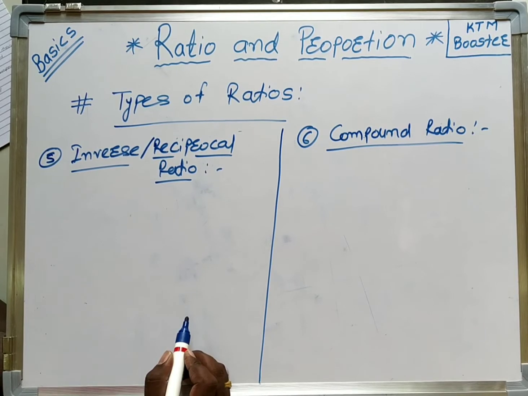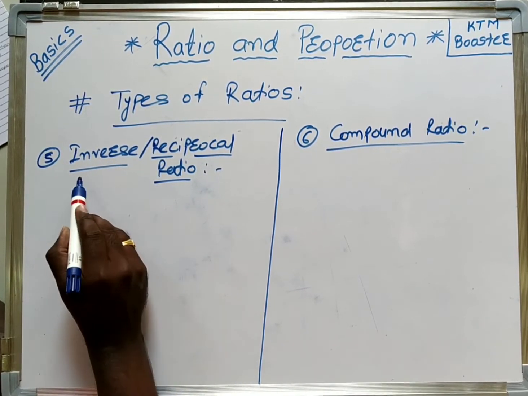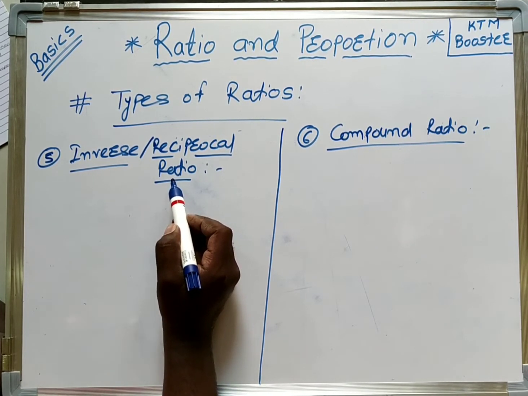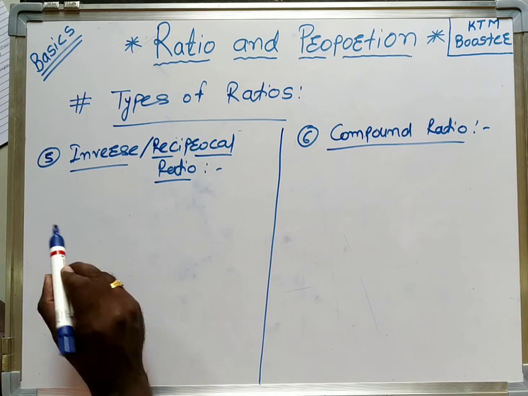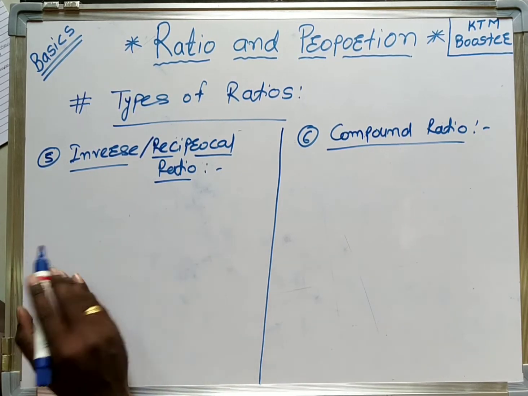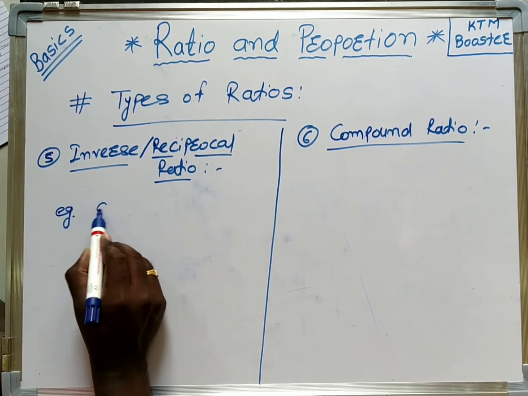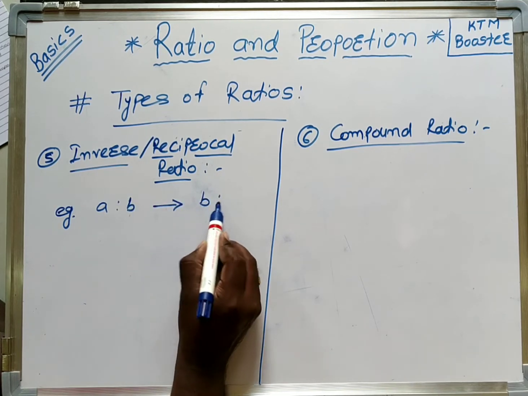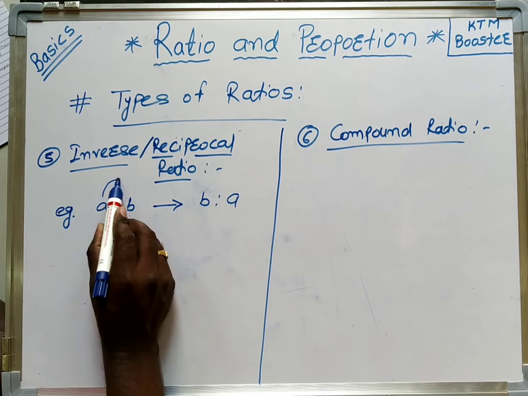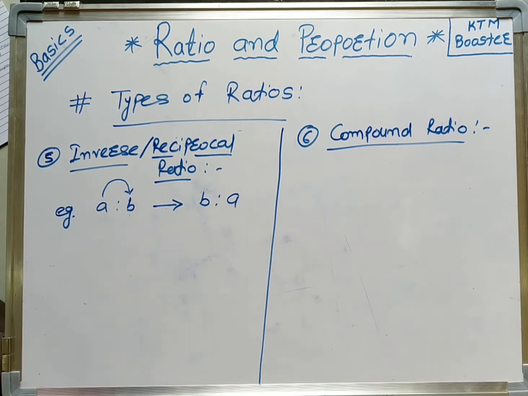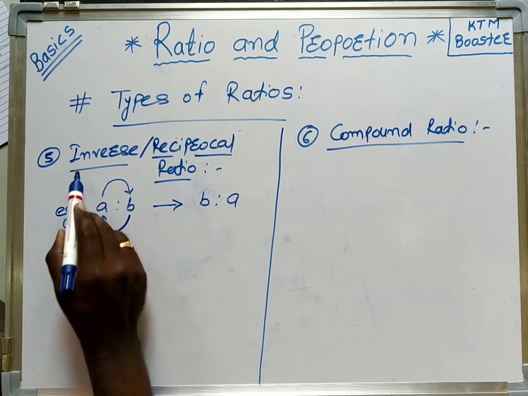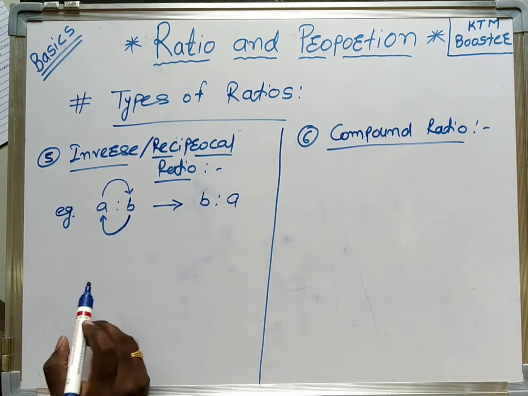The next type of ratio is the inverse ratio or reciprocal ratio. Now what is the inverse ratio? The antecedent and consequent of a ratio are interchanged. For example, for A is to B, the reciprocal will be B is to A. The antecedent goes towards the consequent and the consequent goes towards the antecedent.